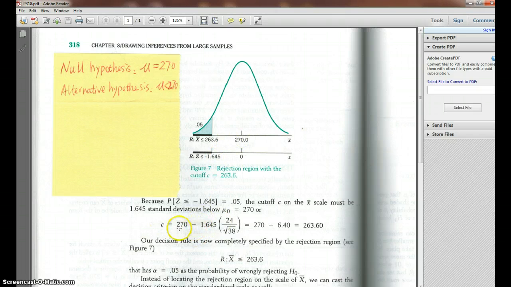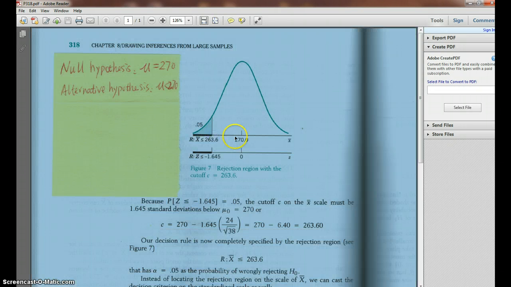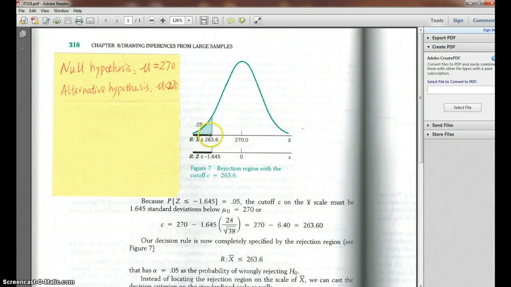So we take 270, and we can look at this calculation here. Take 270 and subtract 1.645 standard deviations. From 270 to this point, it's 1.645 standard deviations.